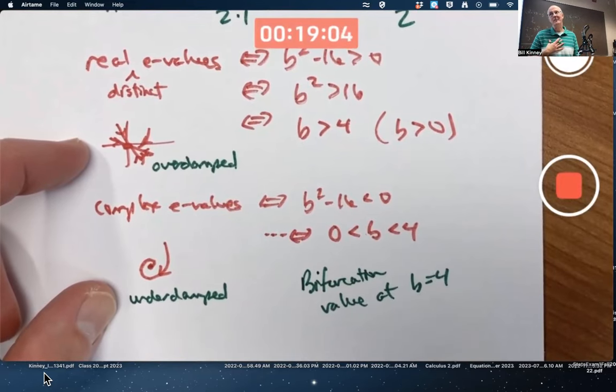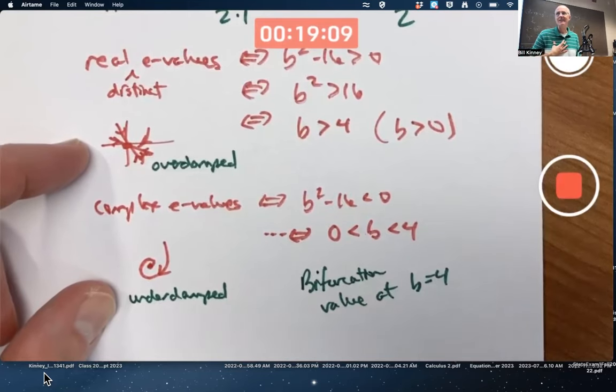I mean, I like topology, but maybe I'm not a topologist. I care if it's a spiral sink or not. It does affect the picture. It does affect the physical situation. Is it oscillating or not? So to me, this is a bifurcation value, but a topologist wouldn't care. They'd say you got to have like a transition from a sink to a source or something to be a true bifurcation.